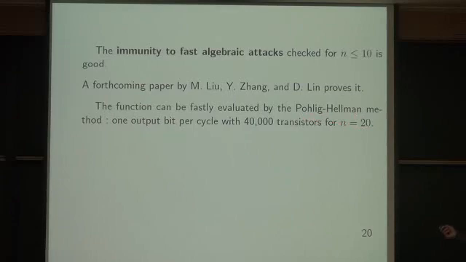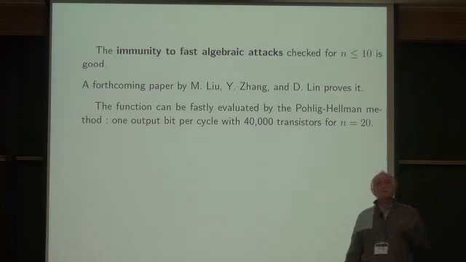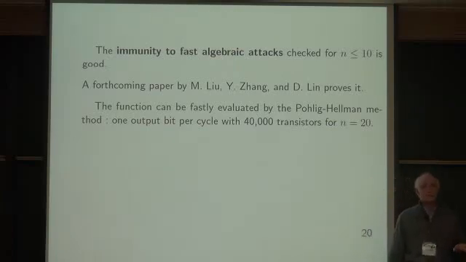You can design the function with 40,000 transistors, and it will output 1 bit per cycle, and that's good. That's not the best possible, but that's good. So it's a fast function. So we finally have a good function.